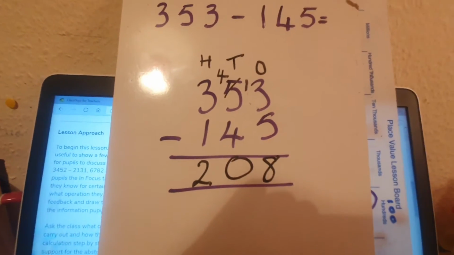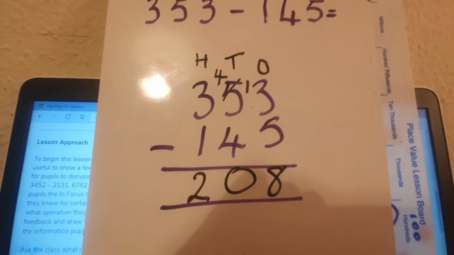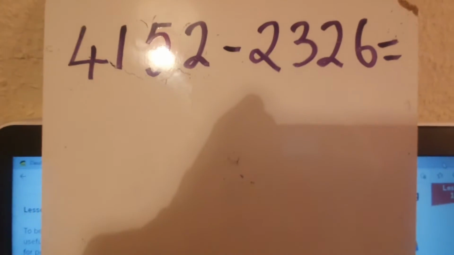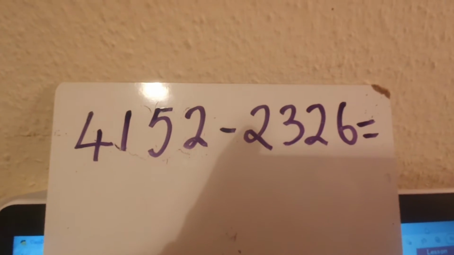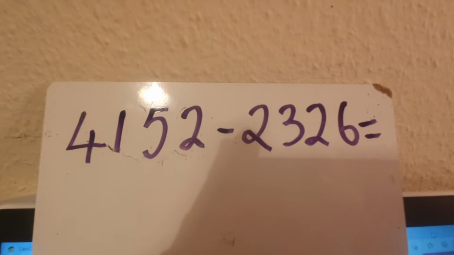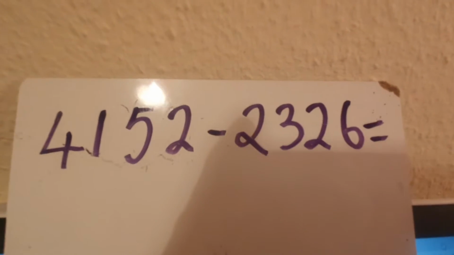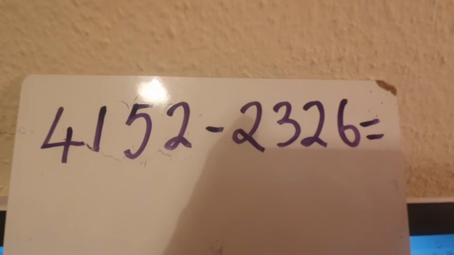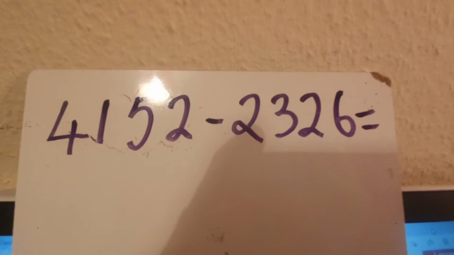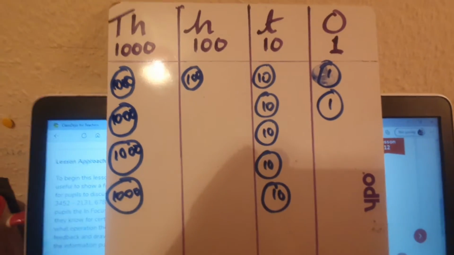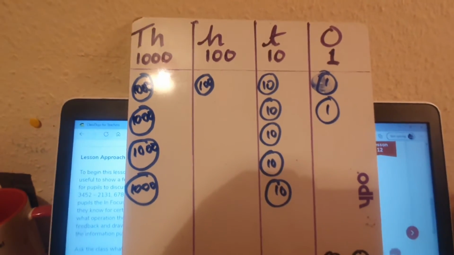Okay, so we're going to do that again, and with 4-digit numbers. So let's just have a look at this question. 4,152 subtract 2,328. We're finding the difference between those two numbers. Okay, so I'm going to draw my place value counters out. So there's the numbers place value counters.